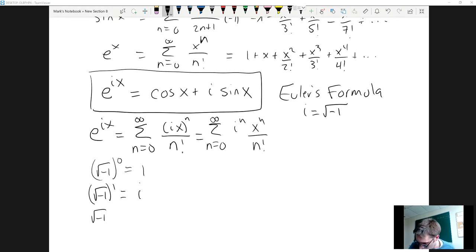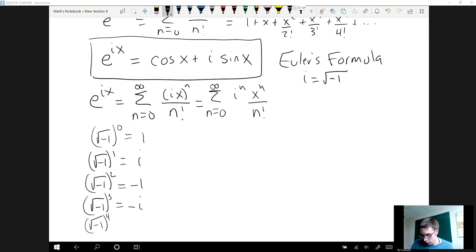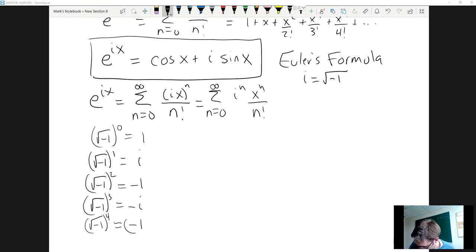If you take the square root of -1 and square it, the square of something that's already a square root should just give you the thing inside, and so that's going to be -1. And if you take root -1 cubed, that's the same thing as multiplying the -1 times i, and so that's -i. And if I take root -1 to the 4th, that's the same thing as taking root -1 squared and then squaring it again. And so that's going to be (-1) squared, or plus 1.